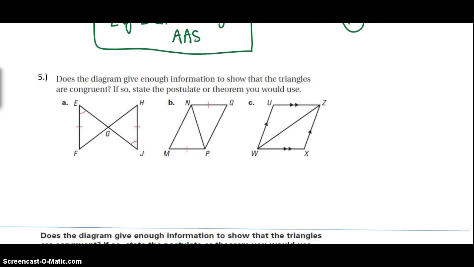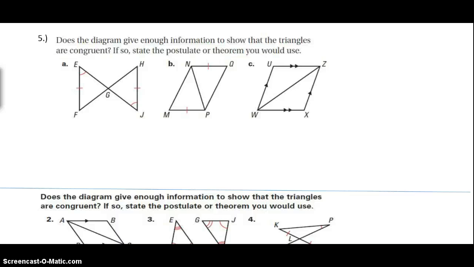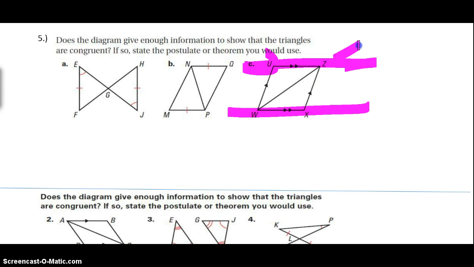Let's move down here. Does the diagram give enough information to show that the triangles are congruent? If so, state the postulate or theorem that you would use. So let me discuss C with you. C is tricky because if you don't notice these marks or know what they mean, you're really going to slip up. And what those marks mean is that things are parallel. So if things are parallel, we have this going on right now.